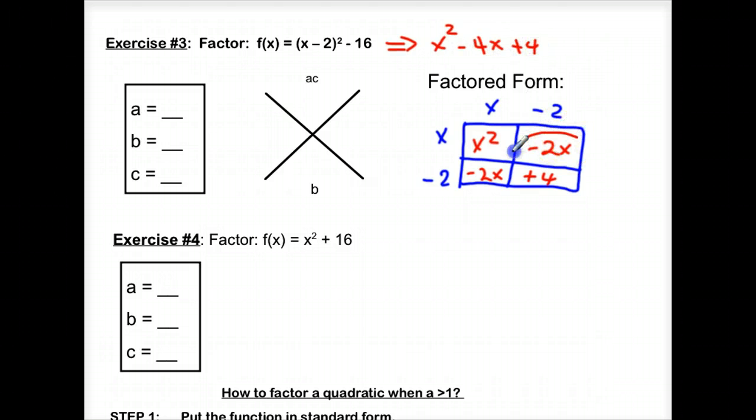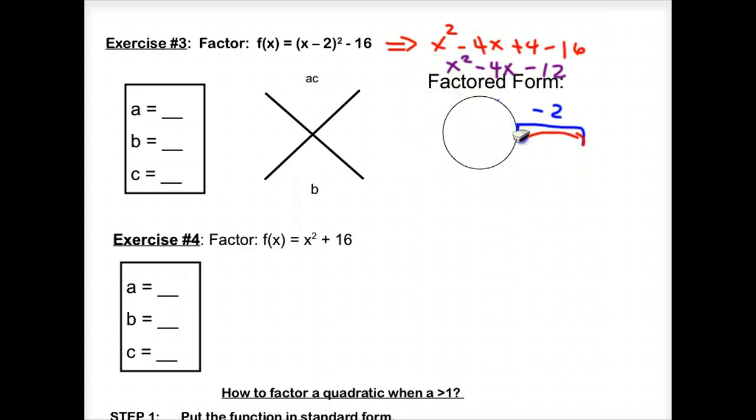And remember that minus 4x came from combining this. Then don't forget I had that minus 16 at the end, which I'm going to keep. So my final form is going to be x squared minus 4x plus 4, take away 16. This will give me minus 12. So let's get rid of this.